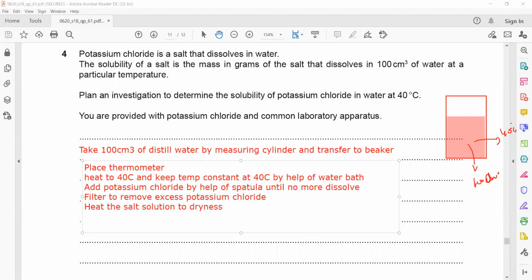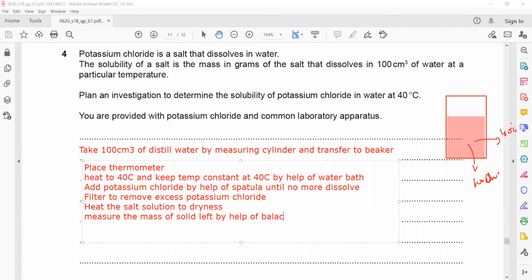Heat the salt solution to dryness means until no more water is left, and then we will measure the mass of solid left with the help of a balance, and then use a formula.